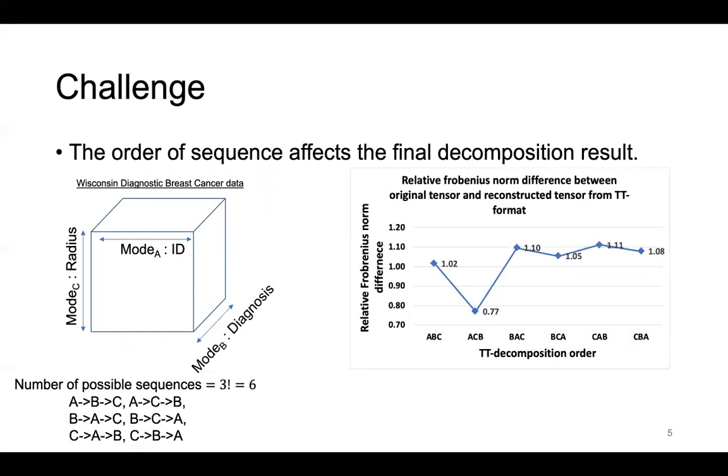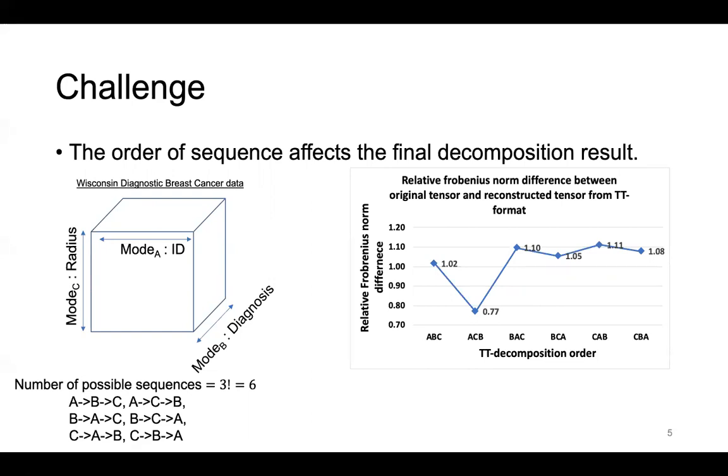And then we compute the relative F-norm difference between the original tensor and the reconstructed tensor from the TT format. So here, the y-axis means the relative F-norm difference. The lower the better, because that means we have lower error.